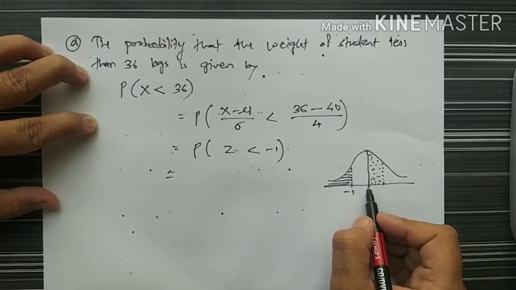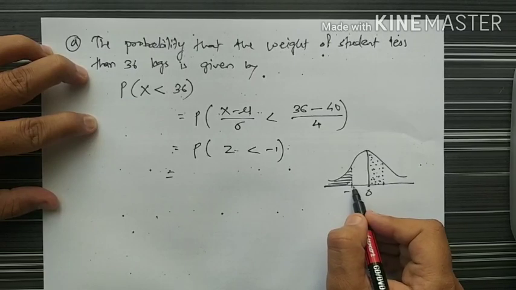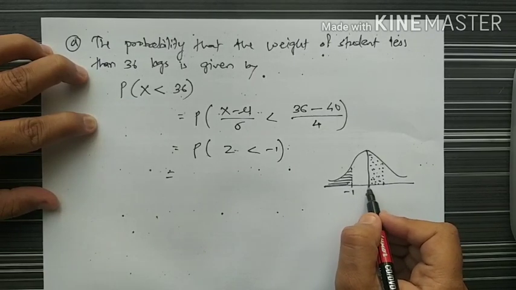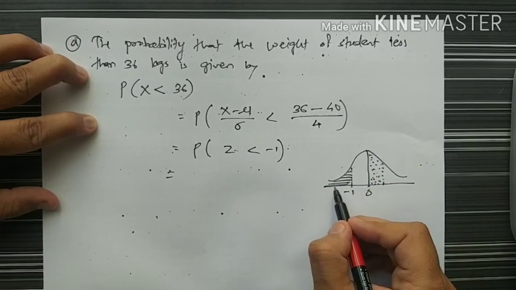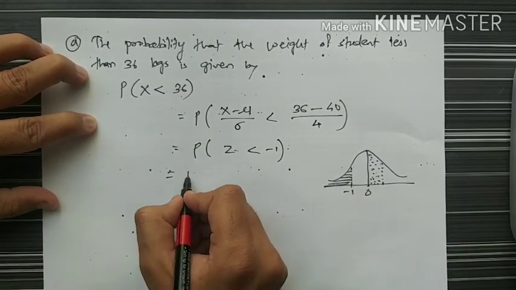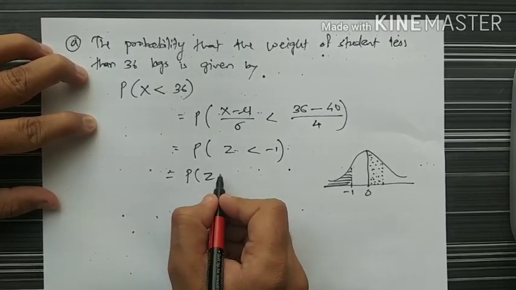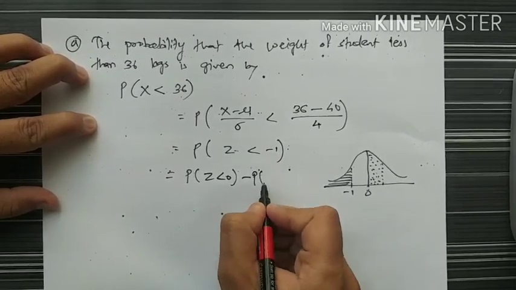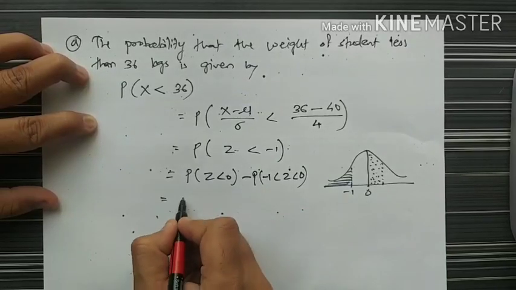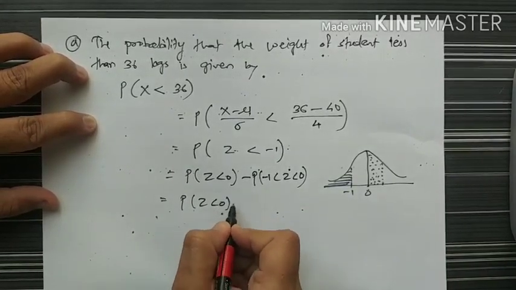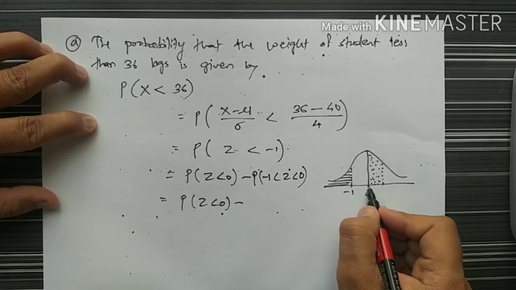So to find the probability of Z less than minus 1, we have to subtract the area from minus 1 to 0 from the area below 0. The probability that Z is less than minus 1 is equal to the probability that Z is less than 0 minus the probability that minus 1 is less than Z less than 0. Because of symmetry, the area between minus 1 and 0 is the area between 0 and plus 1.